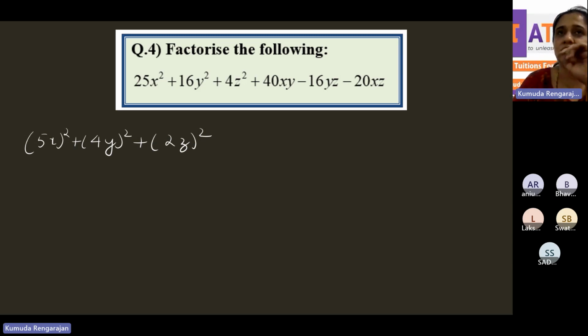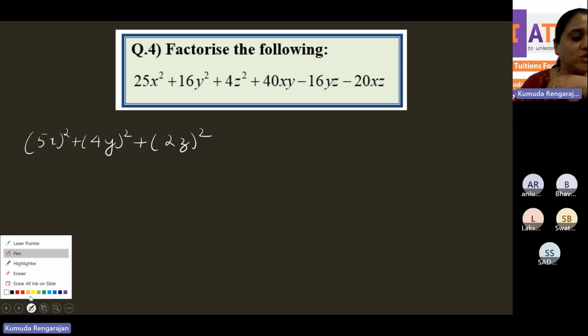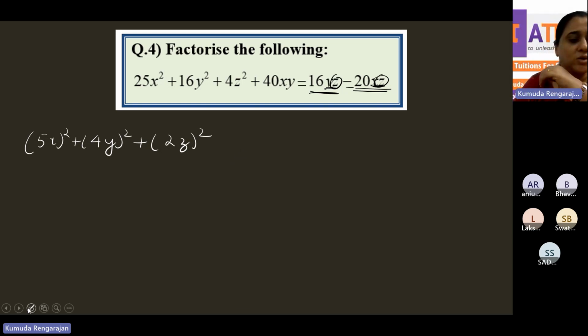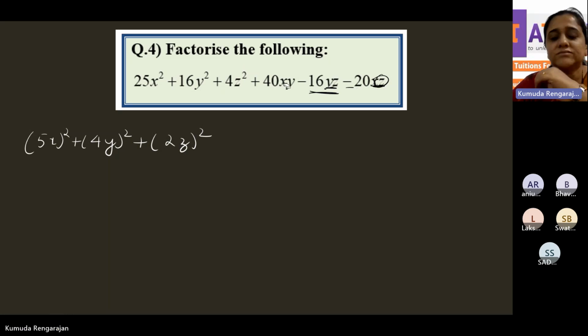Now for this identity, you just need to do one more change. Look at the 2ab, 2bc, 2ca terms. Now there are 2 negative terms. For this identity alone, you'll have to be careful. Minus, minus. What is common? YZ, XZ. Z is common, right?